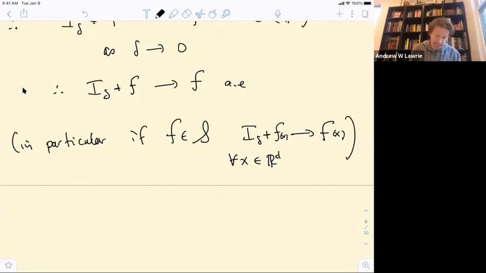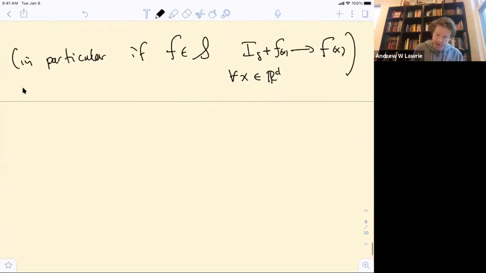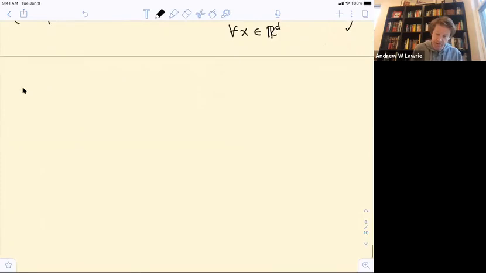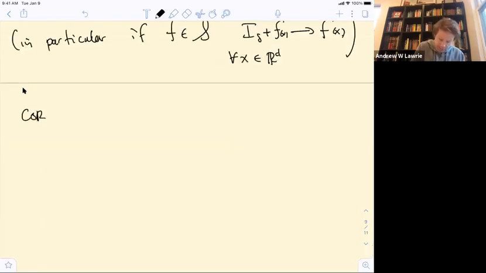It just uses a lot of stuff to prove. It's not an easy theorem. Okay, so corollaries.